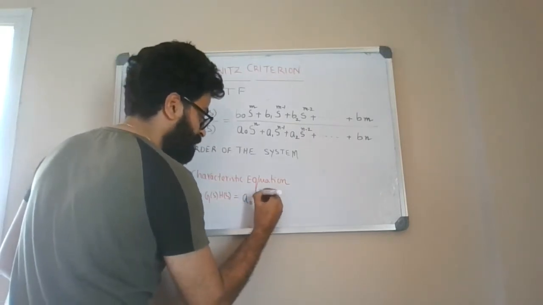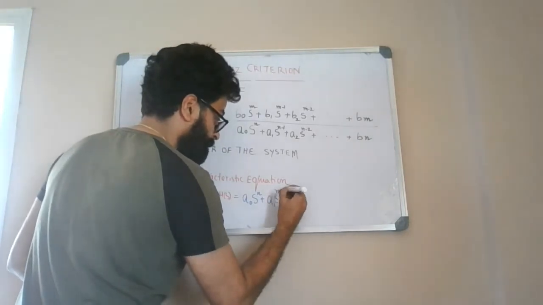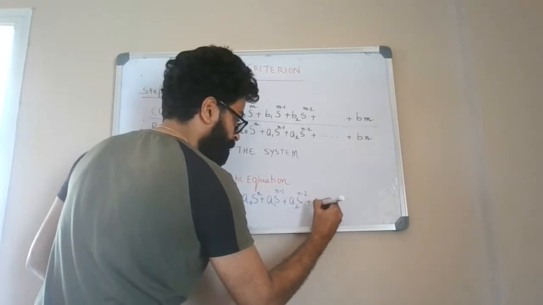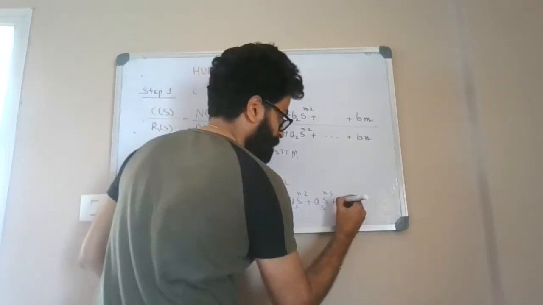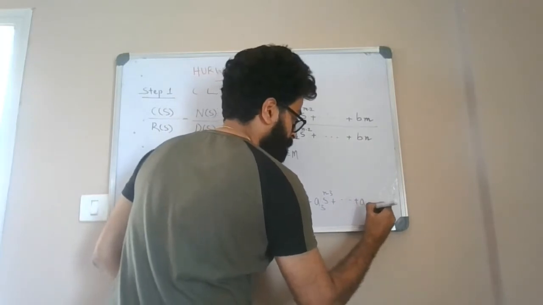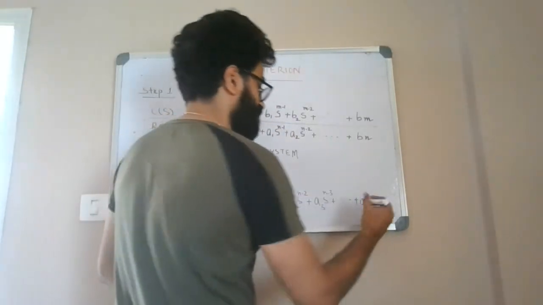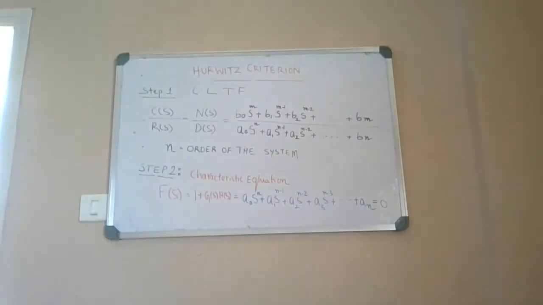a0 s to the power n, and so on till you reach the last coefficient, which is independent of s, and that is equal to 0. Okay, so that's your step number 2.